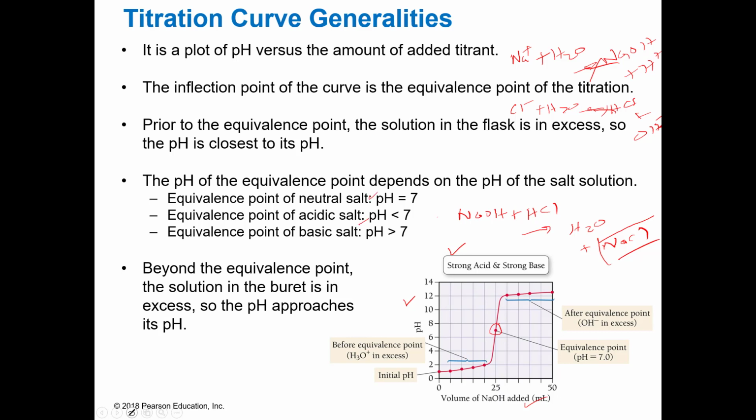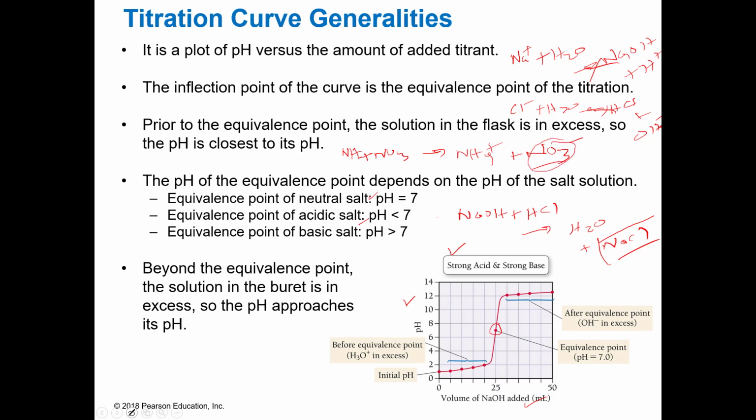If you have an acidic salt, what's an acidic salt? Well, how about ammonium nitrate? Here's your fertilizer, ammonium nitrate. When it dissolves in water, we get the ammonium ion and the nitrate ion. You should recognize that the nitrate ion is the conjugate base of a strong acid, nitric acid. So this part's neutral, does not affect pH.